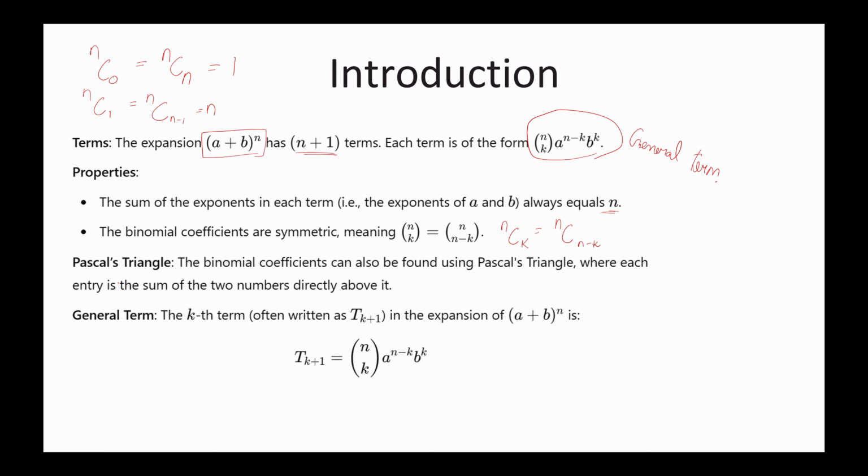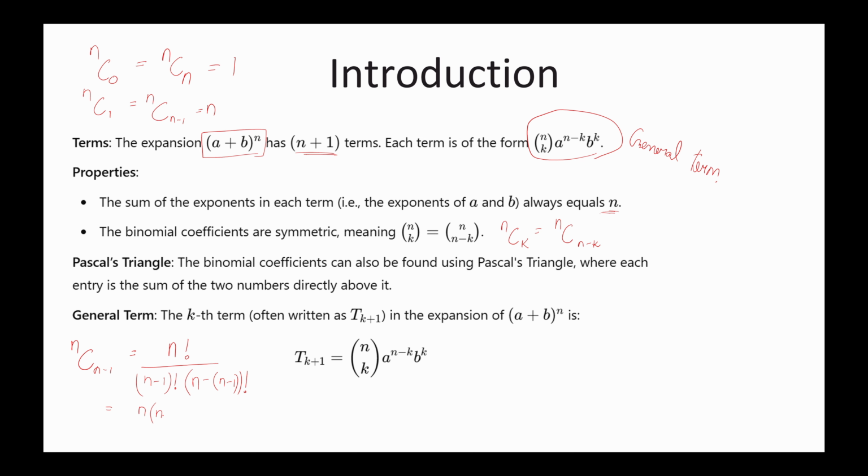Now, to prove this, let me find out the value of nC n minus 1 for you. This can be written as n factorial upon k factorial, n minus k factorial. So here my n is n and k is n minus 1. So if I try to open this up, what am I going to get?